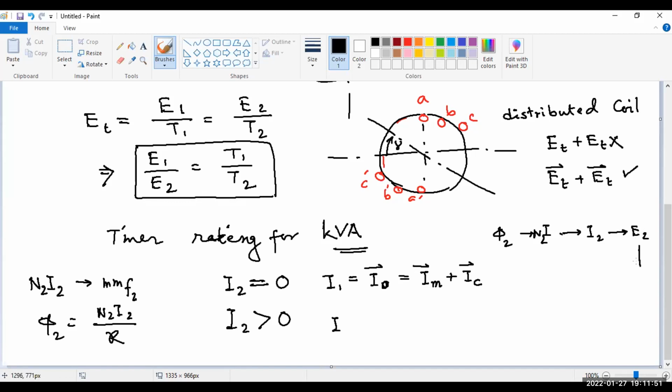And why is E2 generated? Due to the magnetizing flux. So the root cause is the magnetizing flux, and it will be opposed by phi 2. So it will try to reduce the magnetizing flux.